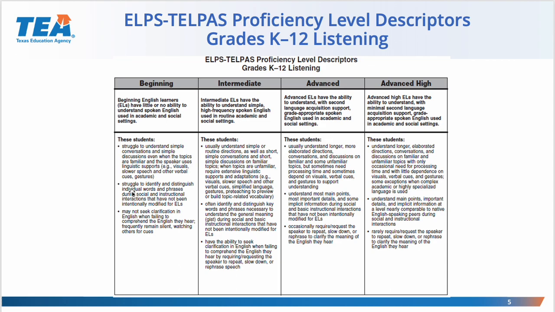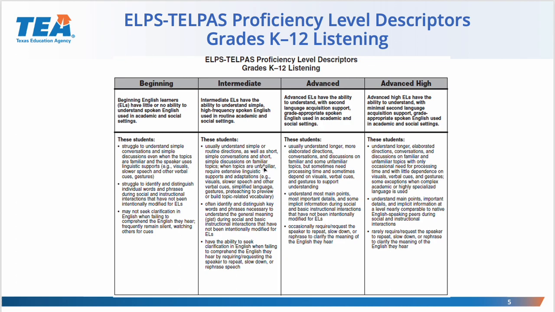So for those of you having trouble distinguishing intermediate from advanced, the main difference between those two is the transition from the BICS to the CALPS. Looking at this rubric, under intermediate, they usually understand simple or routine directions, simple discussions.